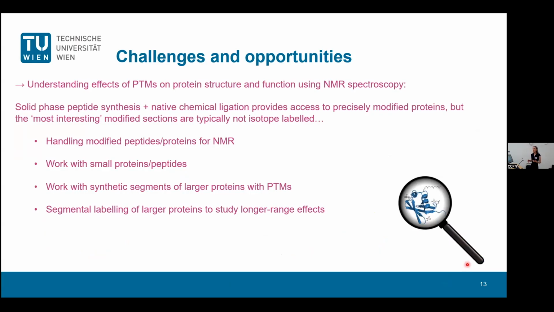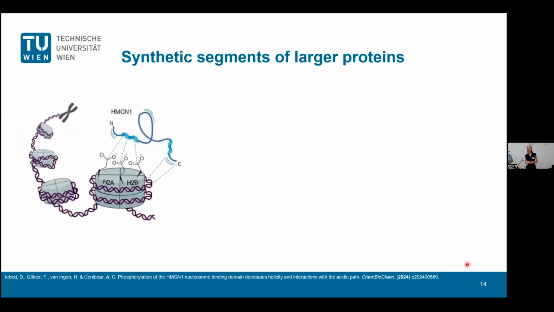But as I said, not so many proteins are nice and small and convenient to handle. Often we're interested in questions of bigger proteins or segments of bigger proteins. And this is an example of a project that I've been working on that is based on the HMGN1 protein. Just very briefly to introduce it, it's an intrinsically disordered protein. It's not big as proteins go, it's around about 100 residues.